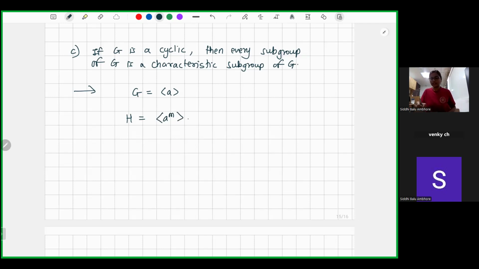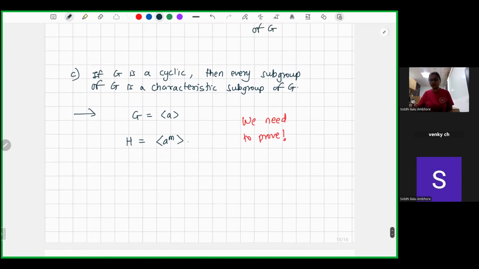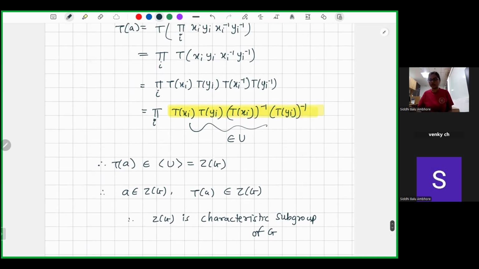Is there any doubt other than this? I mean, this we need to check, we need to prove. I will upload the solution for this last part in the notes. But apart from that, any doubts about whatever we discussed so far?